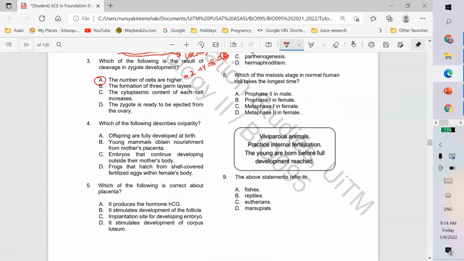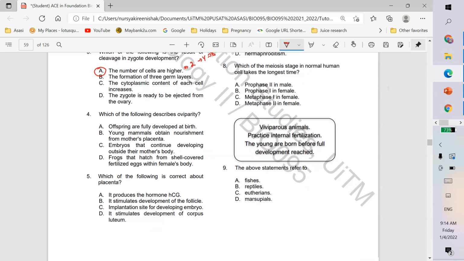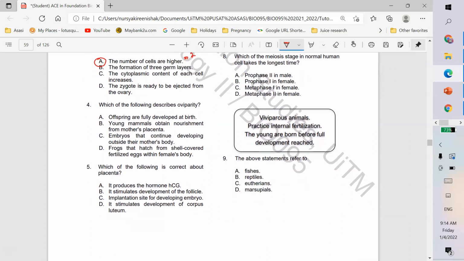Alright. So number 4, Dia. Which of the following describes oviparity? I choose C. Embryos that continue developing outside their mother's body, because the definition of oviparity is complete their development outside the mother's body.